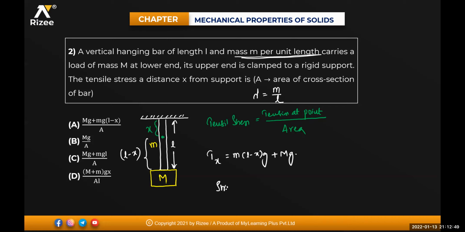So I can write here tensile stress is equal to M into (L minus x) plus capital M into G, divided by area of cross section, that is A. So the first option will be the answer for this. Clear, beta? Is it clear for everyone? Any doubt in this one?